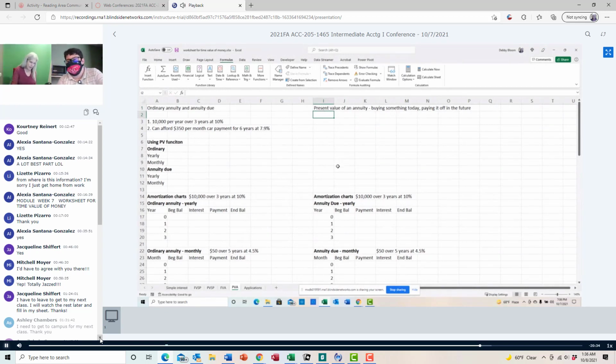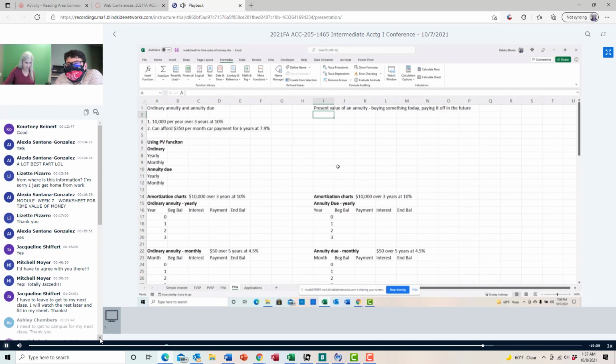If I buy a car today and I pay it off at $325 a month, the series of payments of $325 a month is equivalent to what I borrowed to pay for the car. Because if it wasn't equivalent, then the car dealer would make me pay the full amount. So whenever you buy something today and then you pay it off with equal payments in the future, like a home mortgage or a car, that problem is the present value of an annuity.